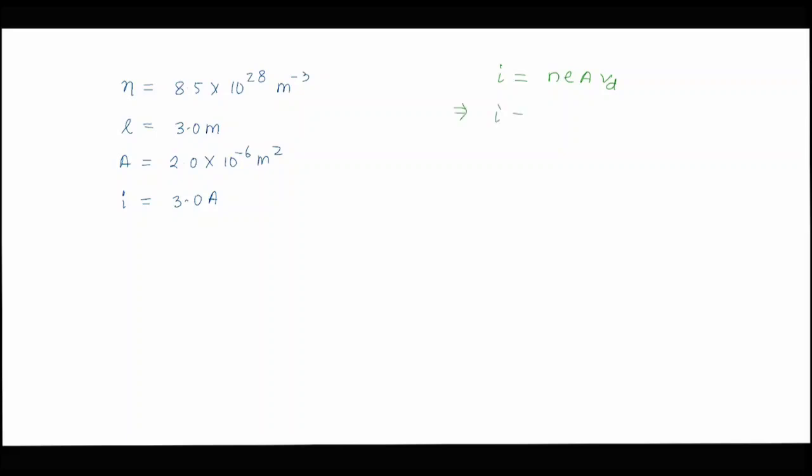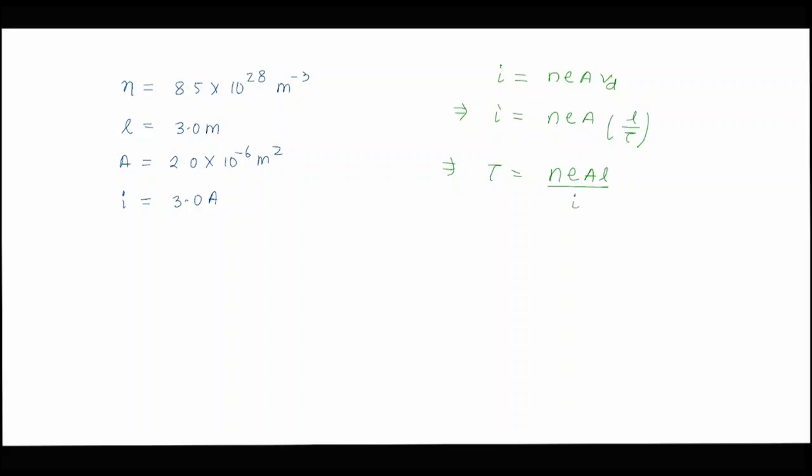I equals NEA into the length of the wire divided by the time it will take to cover this distance. So from here I can say that the time it will be taking is equal to NEAL upon I.